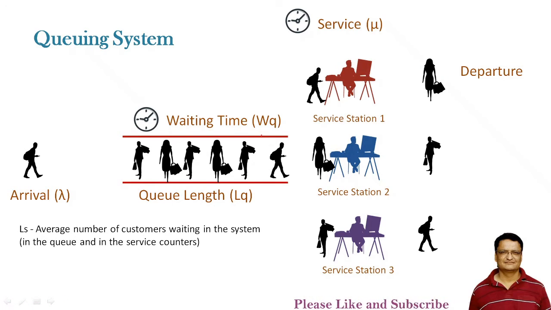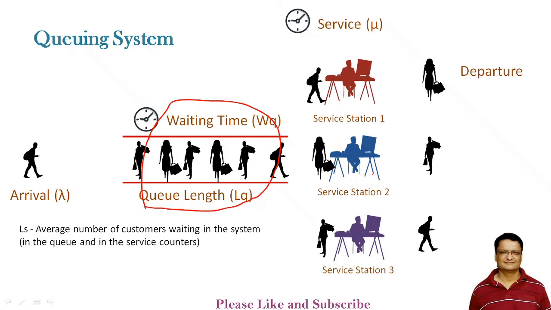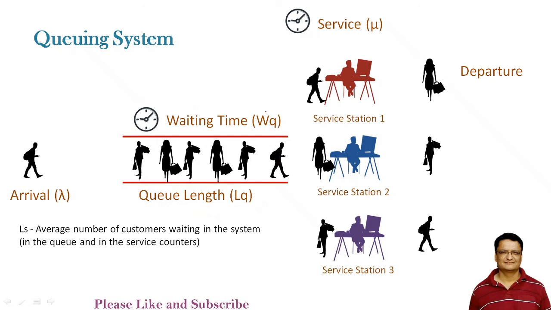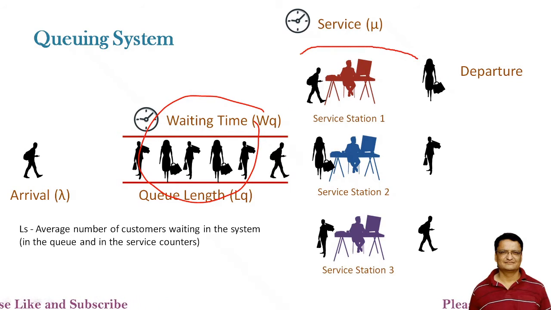Now there are other terms like Ls, that is the average number of customers in a system. Right now we need to understand that the number of customers in a queue is different from the number of customers in a system. So the number of customers in a system is the number of customers in a queue plus the number of customers getting the service.